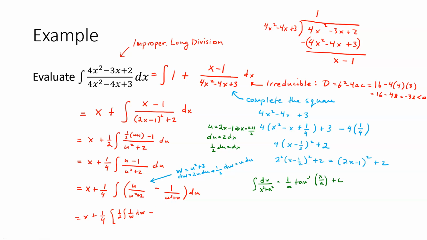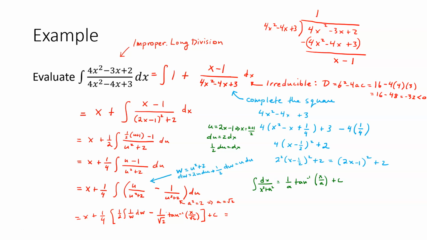So notice that a squared is 2, so a would be square root of 2. So that'll be 1 over square root of 2 tan inverse of x over the square root of 2. Okay. And then finally we'll just finish up this last integral here.